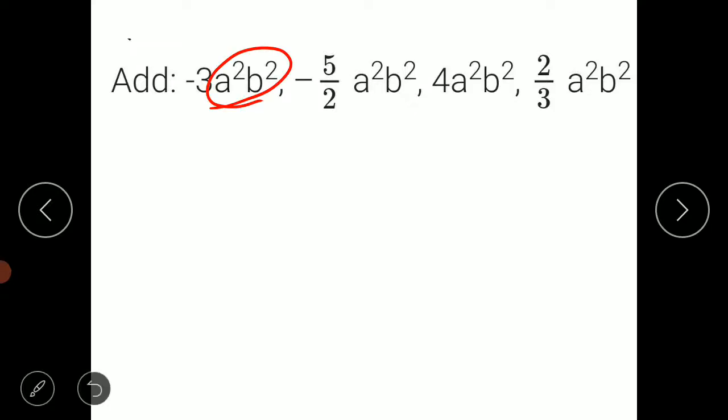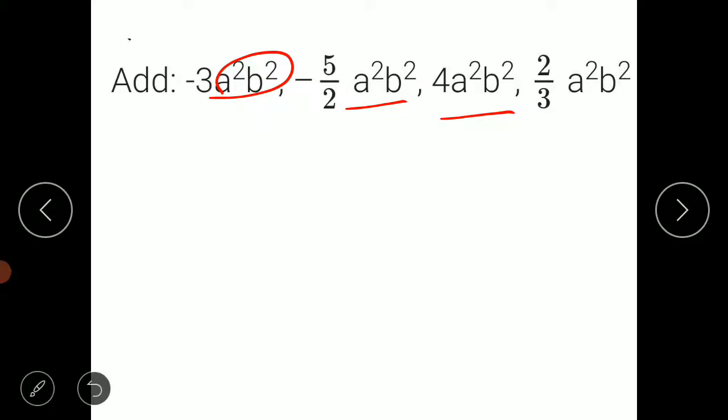What is the name of this term? A square b square term, because the variable is a square b square. Just see, all the terms are a square b square terms only. I mean the expressions, because commas are given, so each is called an expression.